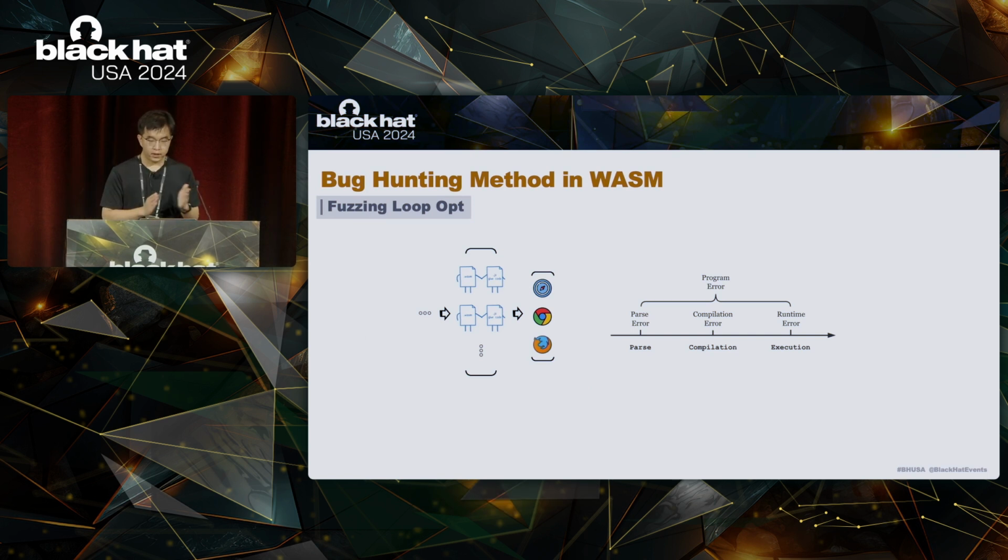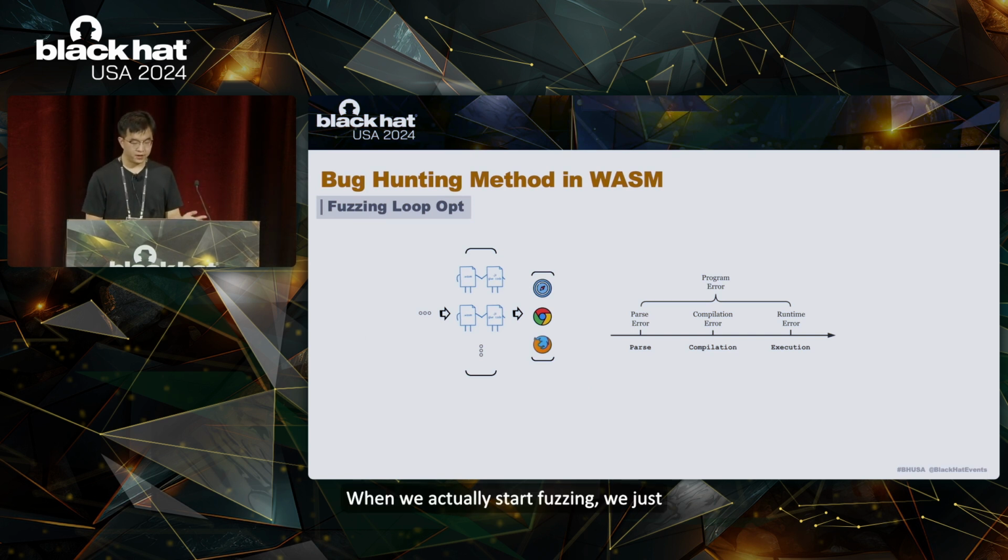Okay. When we actually started fuzzing, we encountered a problem. The samples generated by the fuzzer would frequently trigger errors during the compilation phase, or in other words, fail to reach the execution phase, which is really contrary to our desires. In fact, there are many reasons for this.